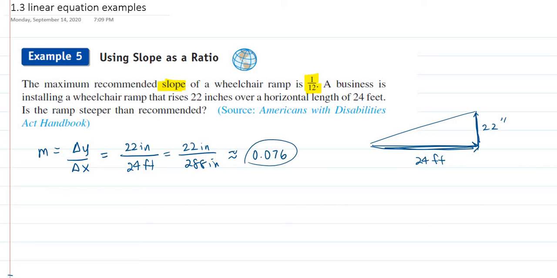This is a decimal. This is a fraction. So when I put 1/12 into my calculator to figure it out, I get about 0.083.